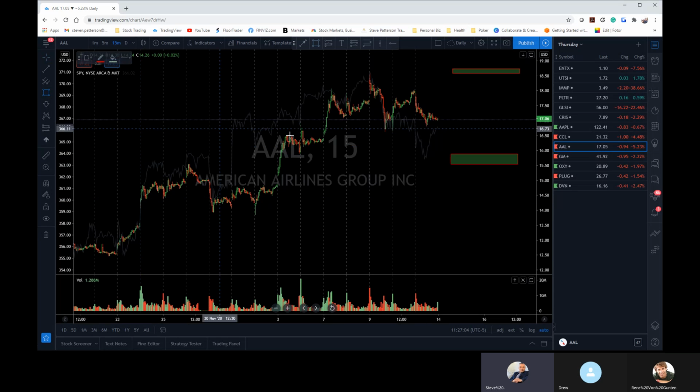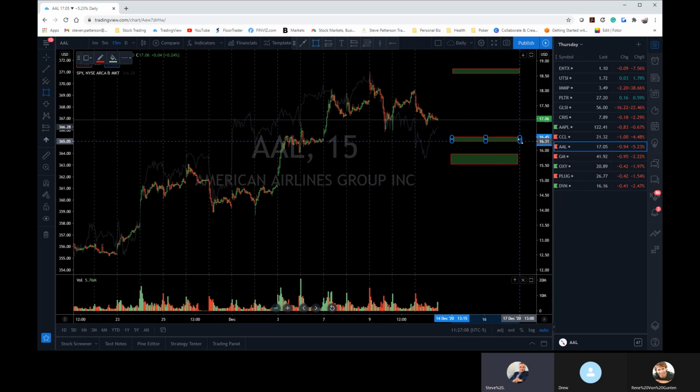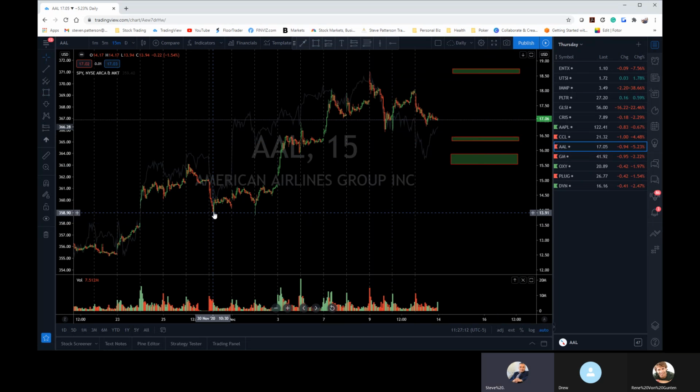Probably a little bit higher, probably somewhere in there. What if I was long this market from this level, and I wanted to lock in profits? That'd probably be about here.